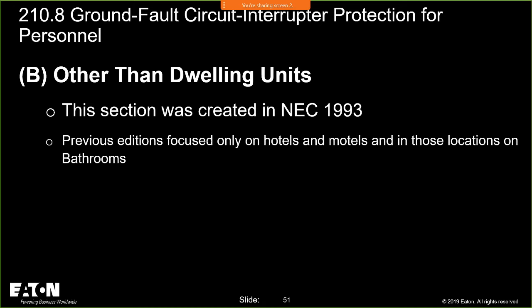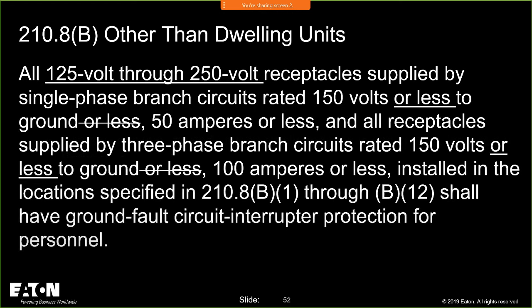And then in '93, when they added the language, everything stayed the same until this past cycle, the 2017 cycle actually. In the 2017 cycle, we changed it from 15 and 20 amp circuits to all single phase up to 50 amps, or all three phase up to 100 amps or less.